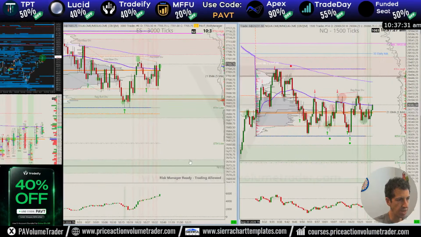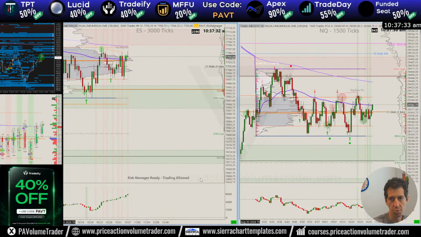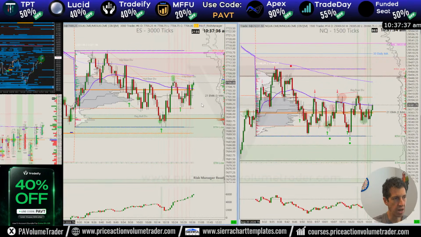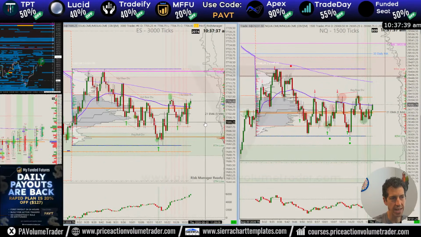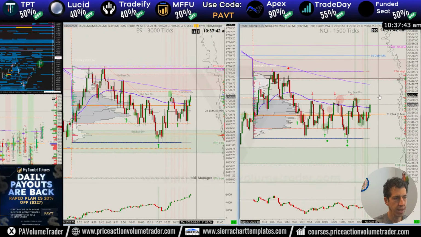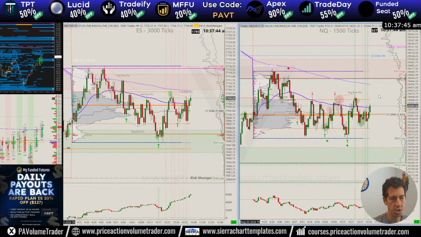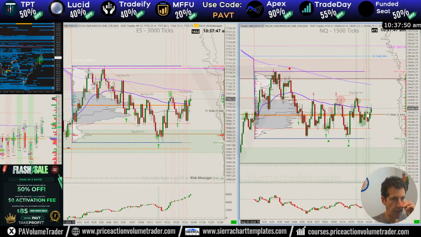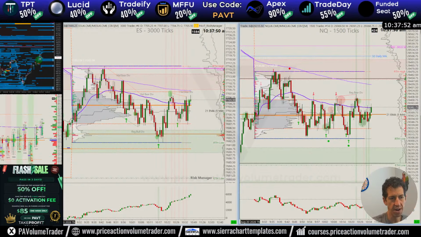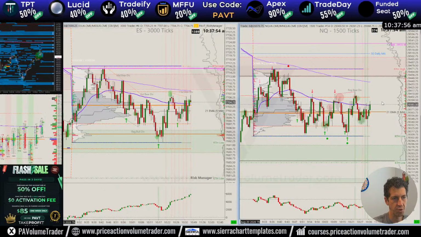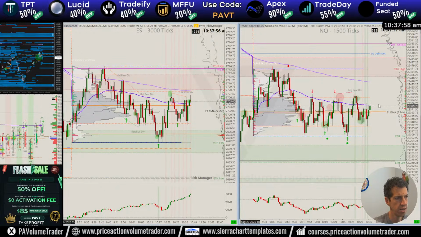I'm actually building something right now. If you see down here that says risk management ready, trading allowed, I'm developing a risk management indicator for Sierra Chart. It does have some limitations based off of the platform itself, but I will probably release this very soon, like in about a week's time after I've done a little more testing.